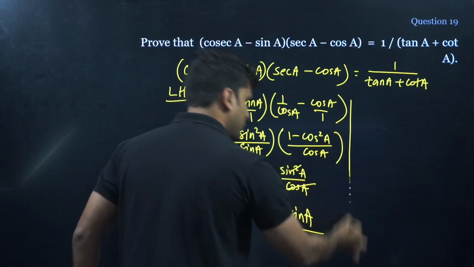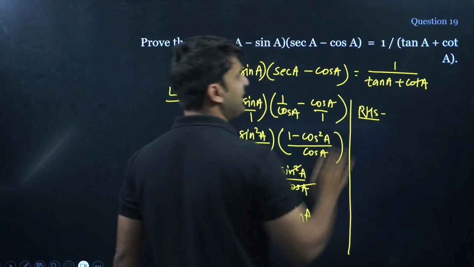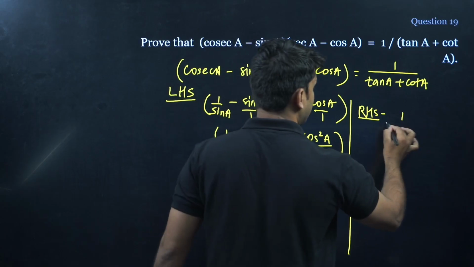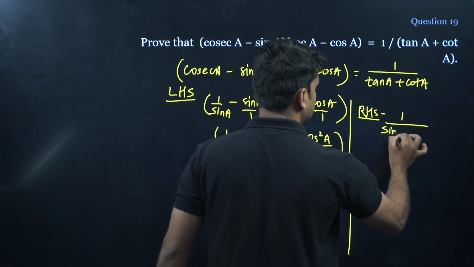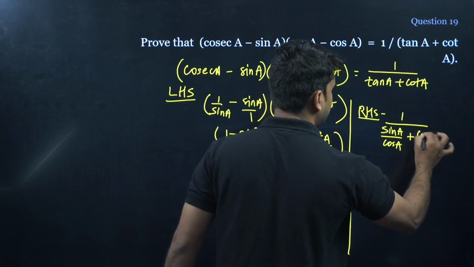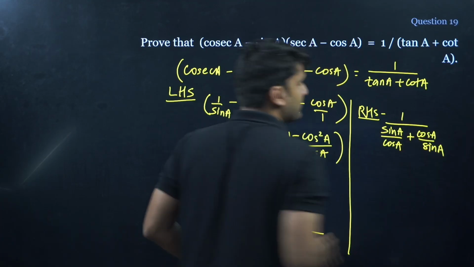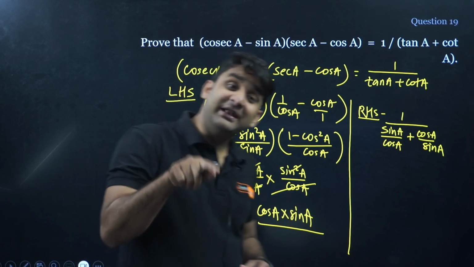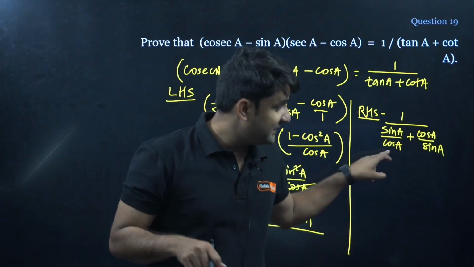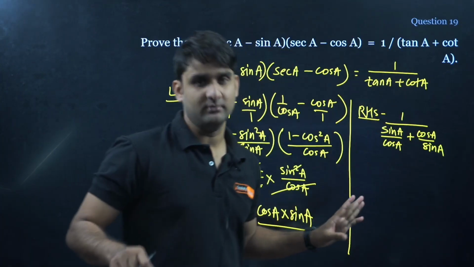Now do the operation of RHS. What is RHS? 1 by (tan A plus cot A). My dear champions, tan can be written as sin A by cos A, and cot can be written as cos A by sin A. If we take LCM, the LCM will be cos A into sin A, and it will get multiplied with 1.